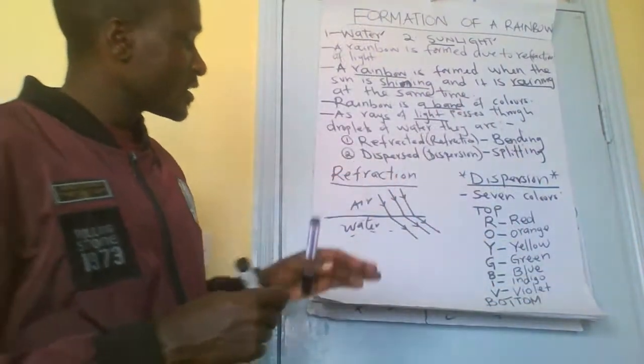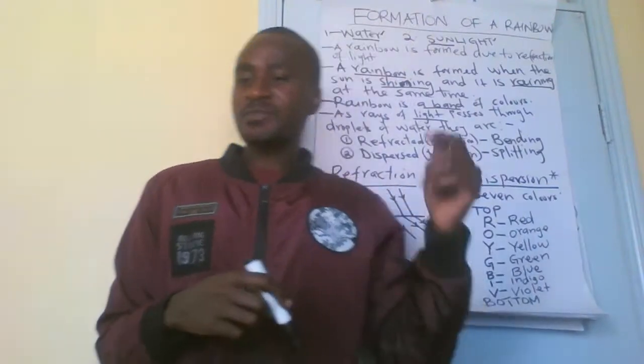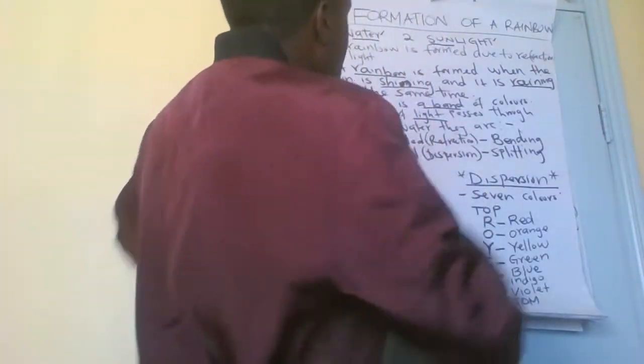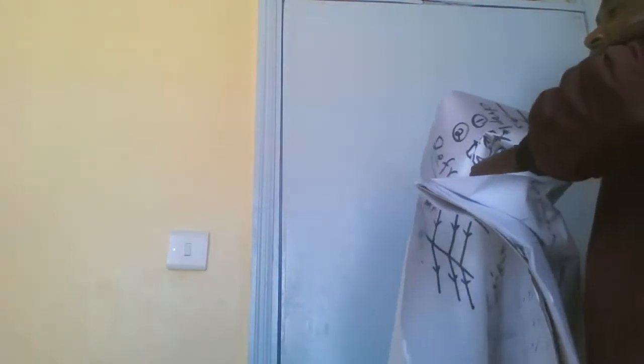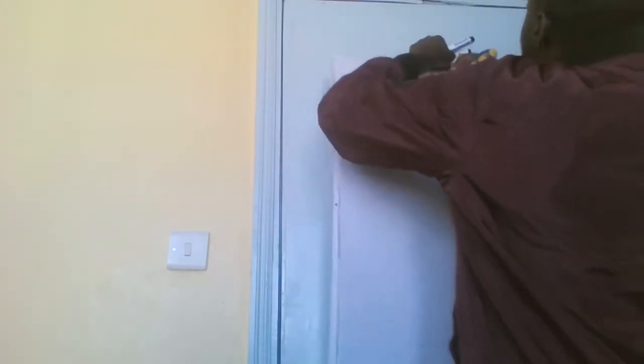Dispersion is the splitting of white light, splitting of white color into several colors. We are going to find out different ways how a rainbow is formed.